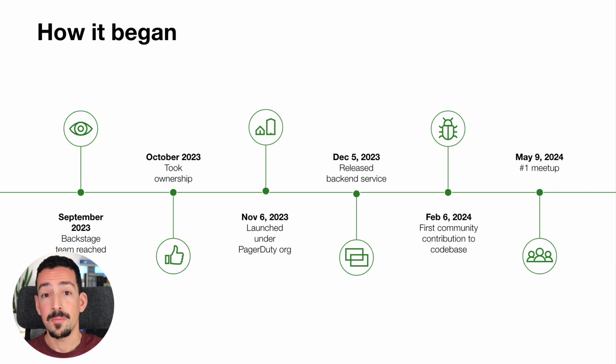And back in December, December 5th, actually, we released the backend service. So this was our major release back then. We took some time to move and centralize all the API requests into a backend service.